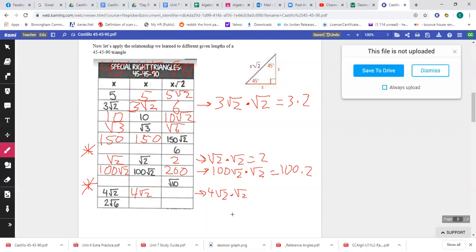Eight radical 2. It should just be 8. So where did you get the... So Ronnie, remember radical 2 times radical 2 is 2, right? So I'm going to keep this 4 here, but radical 2 times radical 2 is just 2. So my answer is 8.